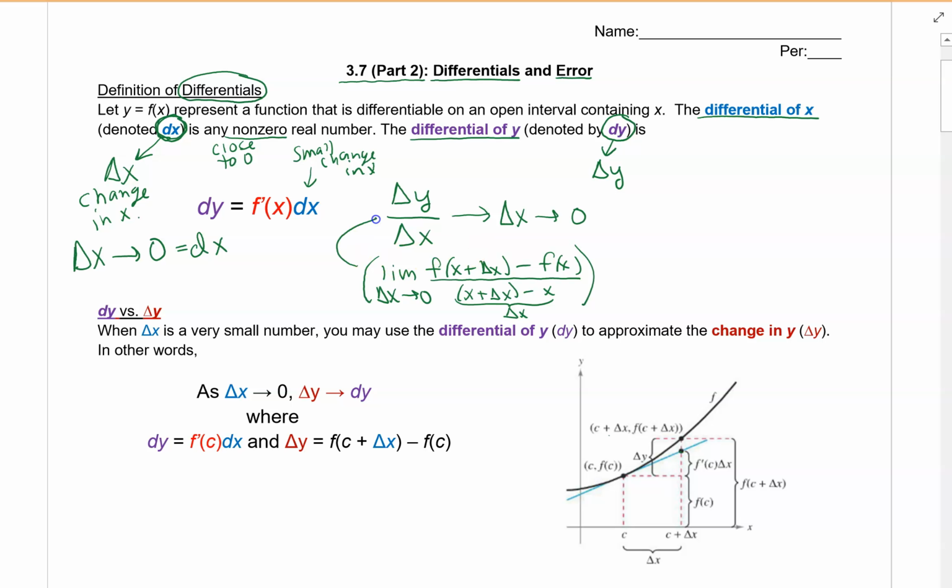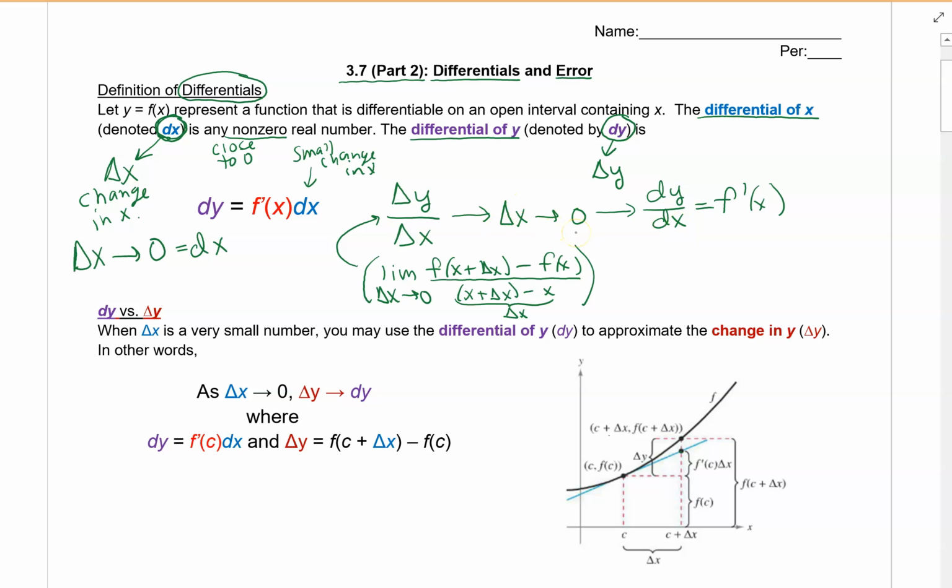When you let delta x go to 0, that gives rise to the actual derivative, the instantaneous rate of change, the slope of a line not at two points on the function, but only at one, the slope of the tangent line.